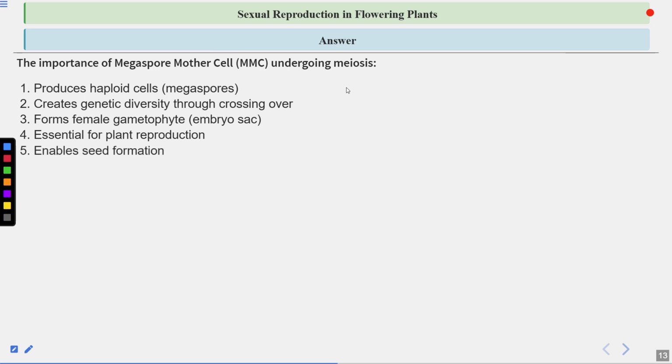It enables seed formation and maintains the correct chromosome number, because when the male gametophyte and female gametophyte unite, both haploid, they again form diploid cells. So they maintain the original chromosome number.